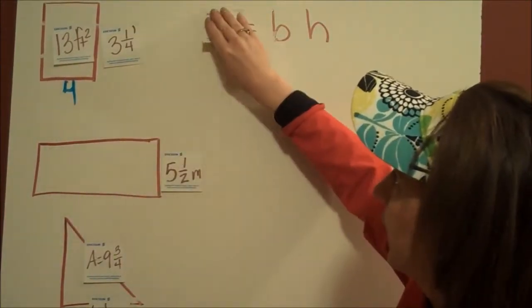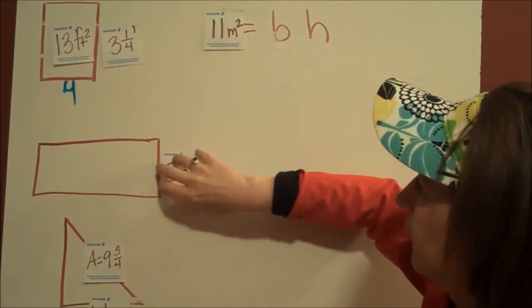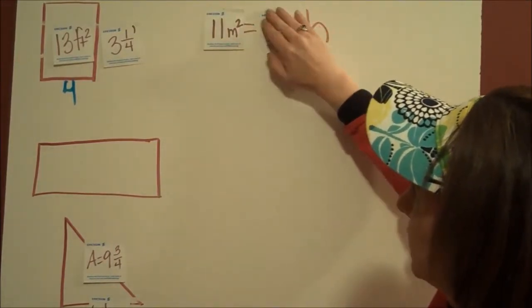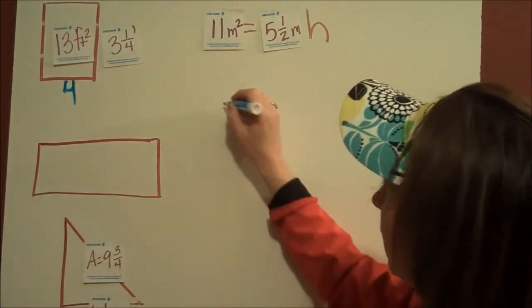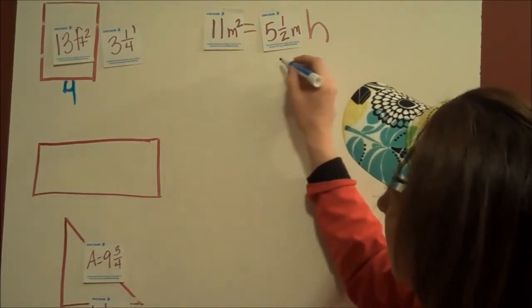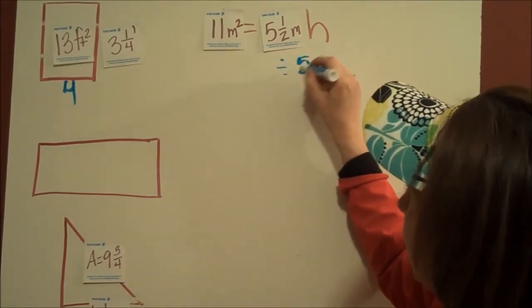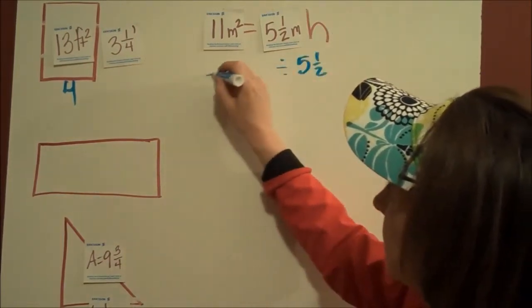11 meters squared is the area. 5 1/2 is the base. And what is the rest of our rectangle? We're going to divide by 5 1/2 on both sides to isolate the variable.